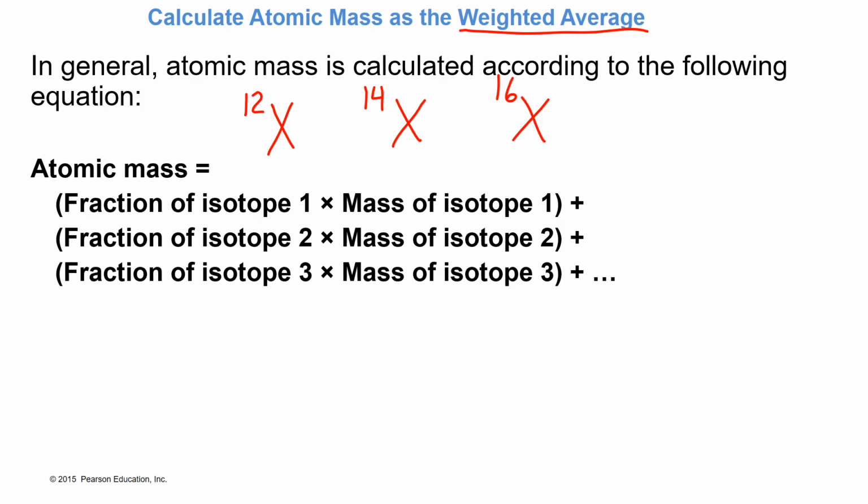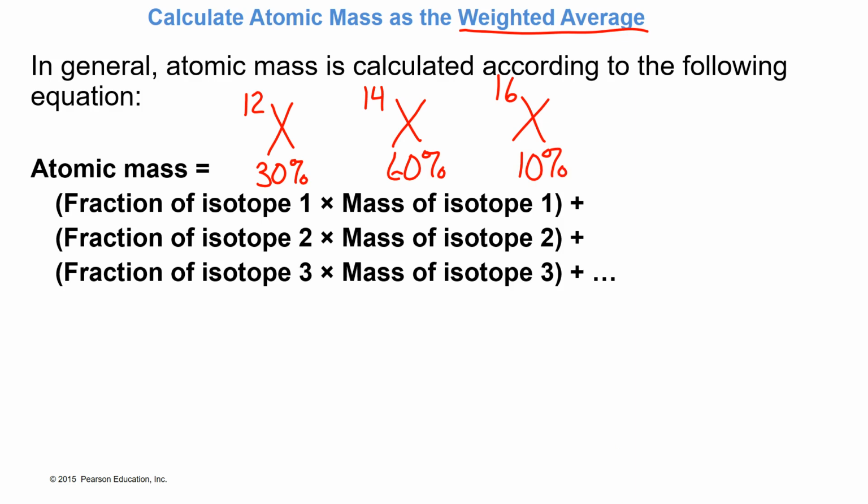So we have one version that has a mass of 14, one that has a mass of 16, and one that has a mass of 12. And through running it through a spectral analysis, we determined that 30% of the time it's X12, 60% of the time it's X14, and 10% of the time it's X16.